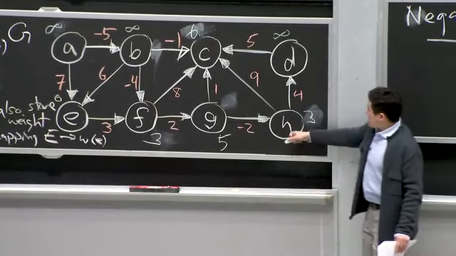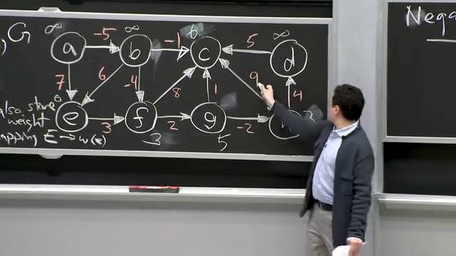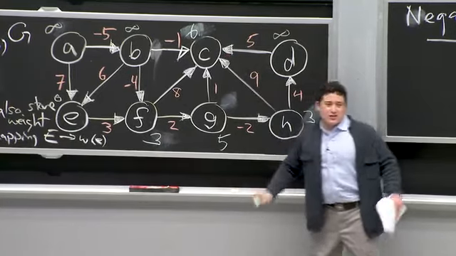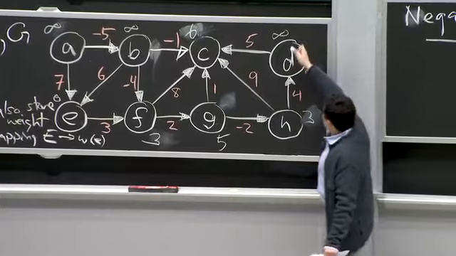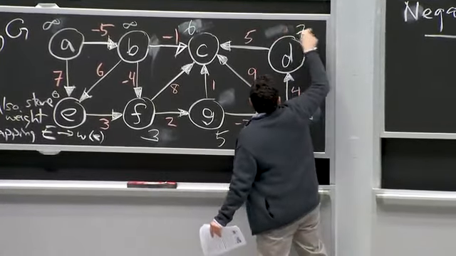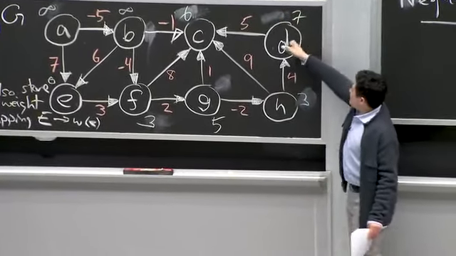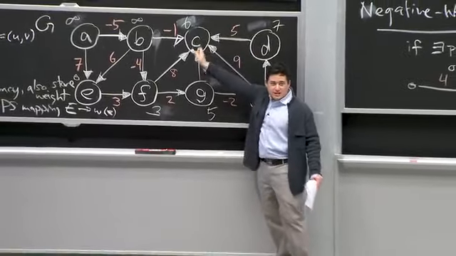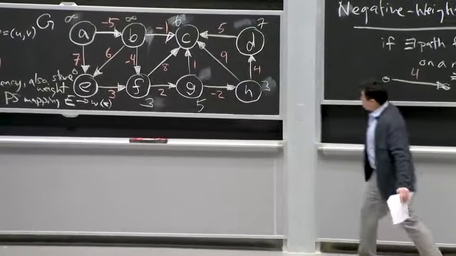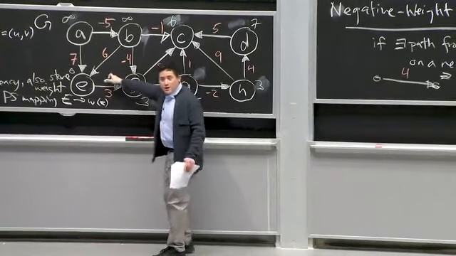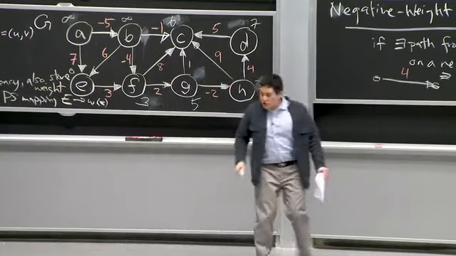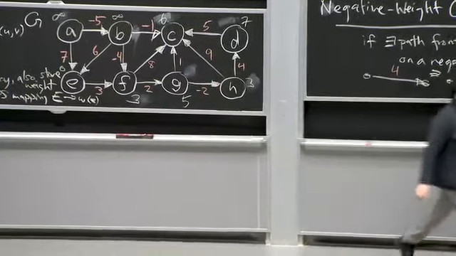Okay, this is the next in the topological order. 3 plus 9 is bigger than 6, so that's not a shorter path. 3 plus 4 is certainly smaller than infinite, so set that equal to 7. Then 7 plus 5 is also bigger than 6. And you can confirm that these are all the shortest path distances from E. So this algorithm seems to work.